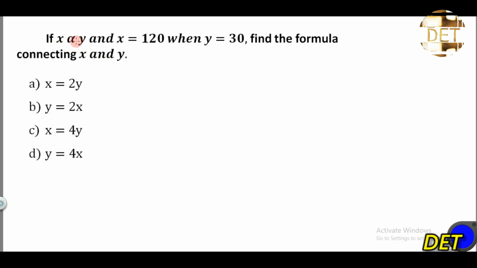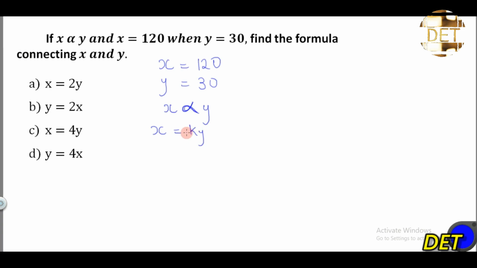So the first thing I want to do is to remove this sign of proportionality. By removing it, I will have to bring in a constant, so my X will be equal to KY.